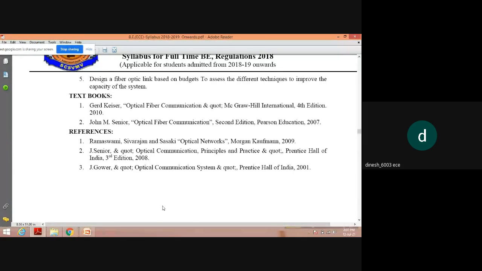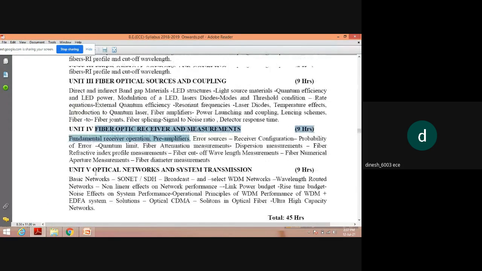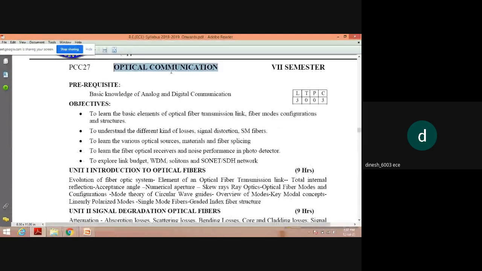You will get a clear exposure to these 5 different points when you understand this optical communication.